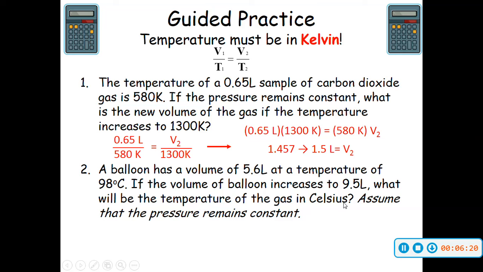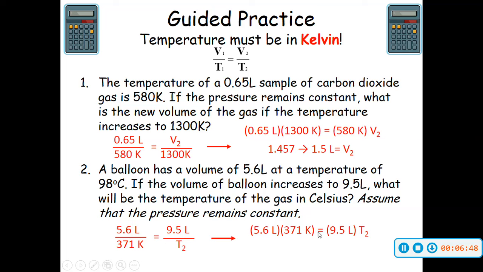If we plug our variables into that formula, it's going to look something like this. To solve for an unknown in fraction form, we cross multiply, and we get 5.6 times 371 Kelvin. Don't forget we changed our 98 degrees Celsius to Kelvin by adding 273.